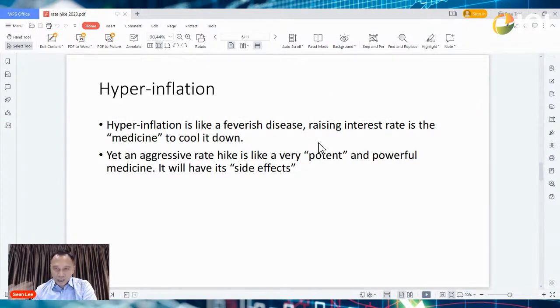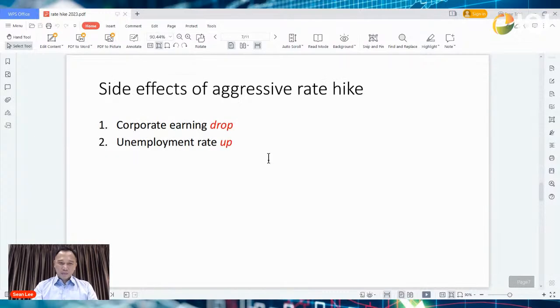However, as everybody knows, sometimes when we take medicine to fight a very aggressive disease, it comes with some side effects. In this case, an aggressive interest rate hike is like a very potent and powerful medicine. It will have its own side effects on the economy and market. And what are the two?